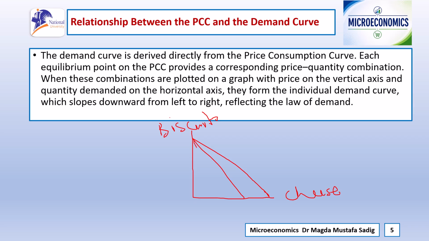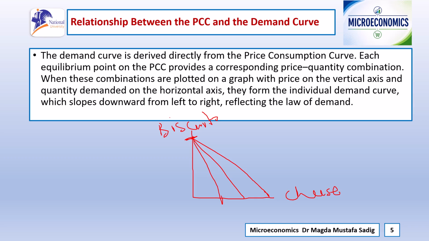The price of biscuits remains constant, the price of cheese changes, so the amounts we purchase of cheese change.